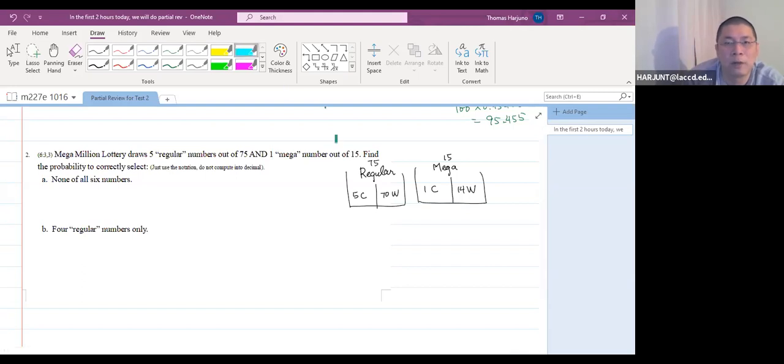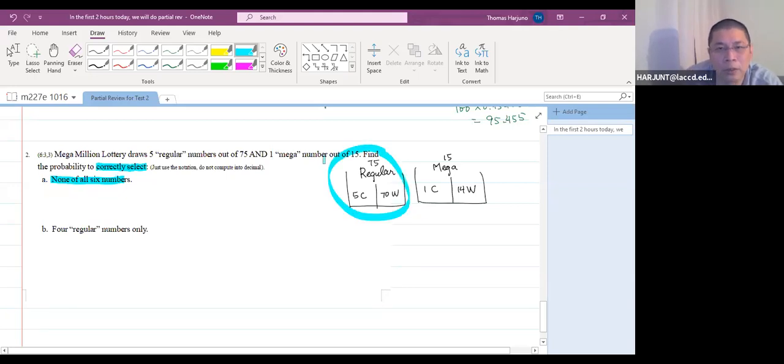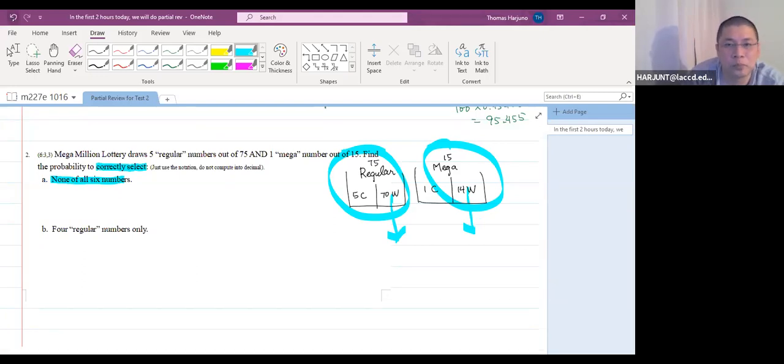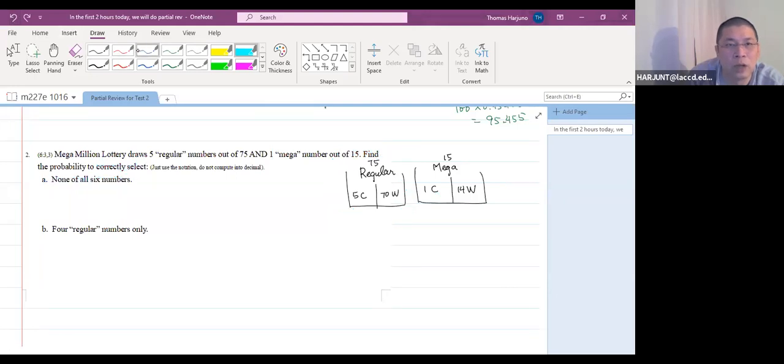Now, the question is, find the probability of correctly selecting none of these, all 6. So you select 6 numbers, 5 from this group, 1 from this group, but all of them wrong. So the 5 that you select must be from the wrong ones, and the one you select in the mega has to be from the wrong ones. What will the probability be? From the regular one here, I select nothing from here, and then 5 from here.